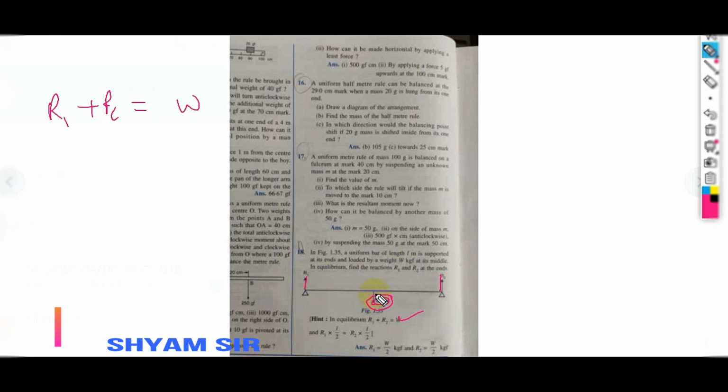So whatever weight is suspended at the equilibrium point, it would be balanced by R1 and R2. What is the length of the scale? The length of the scale is L, so this is L by 2, and this is L by 2.